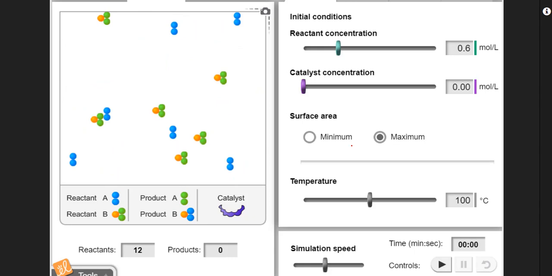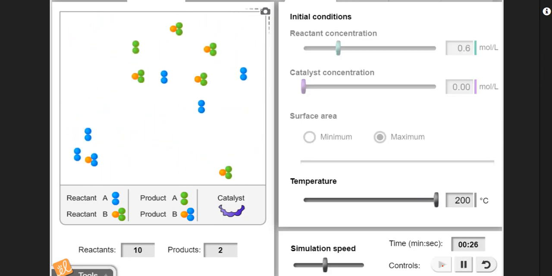Now let's go ahead and look at collision energy. One of the ways that we can increase collision energy is by increasing the temperature. So I'm changing the temperature from 100 to 200.